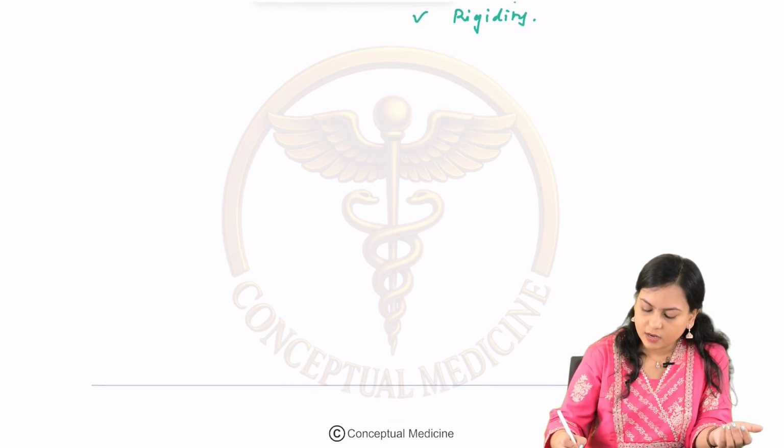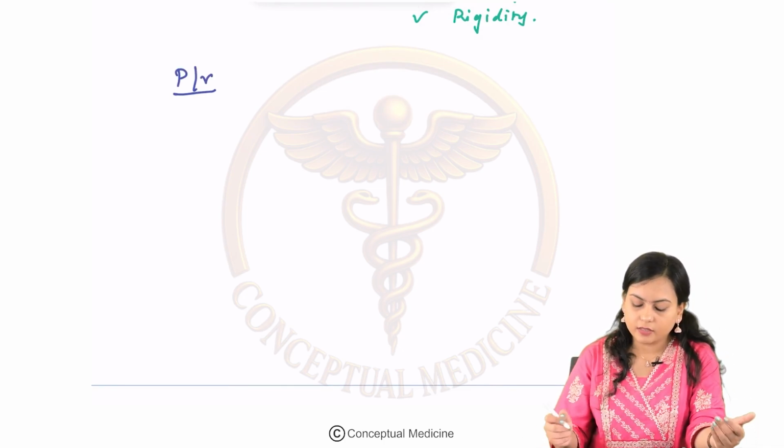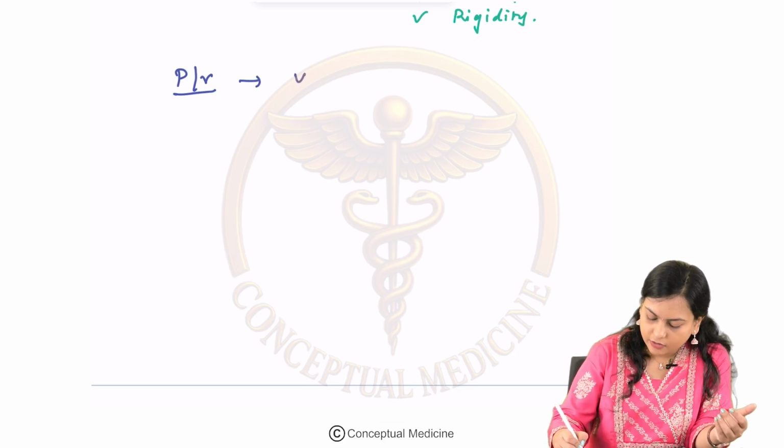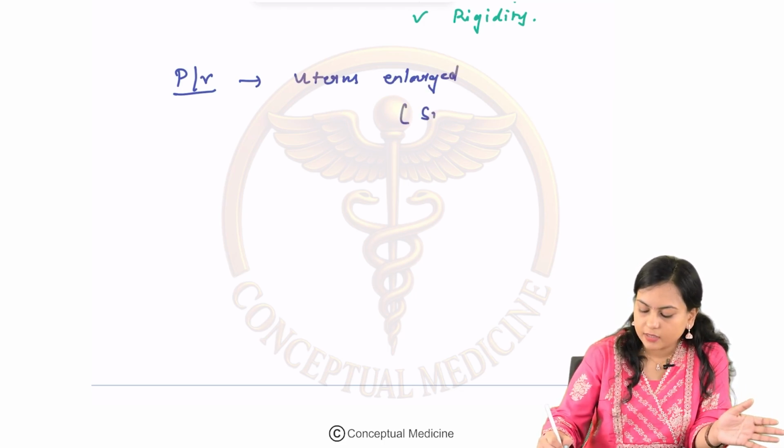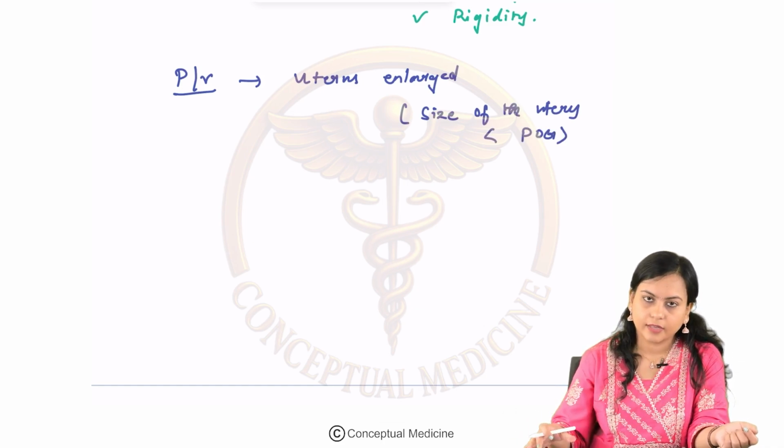Next is for vaginal examination. On per vaginal examination, you can see the uterus size is enlarged. Most of the times the size of the uterus will be less than the period of gestation. Clear?